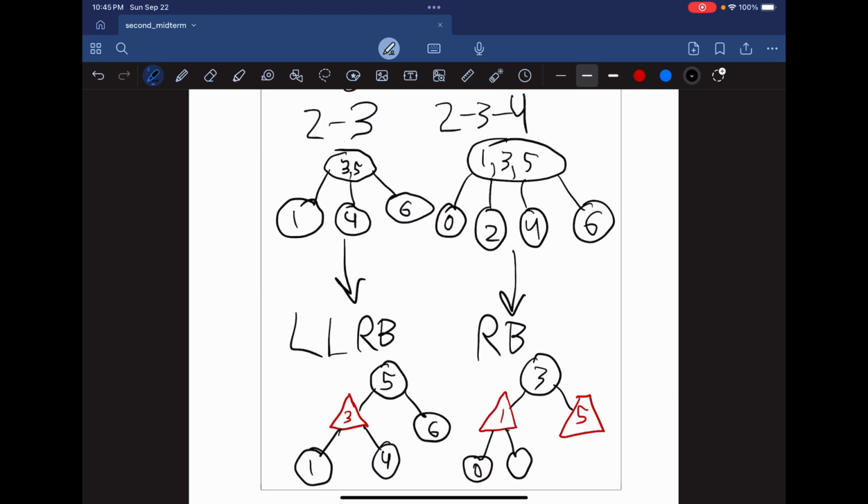0, 2, 4, and 6. So these left-leaning red-black trees and red-black trees have a couple different rules, and you can look those rules up in the lecture notes.